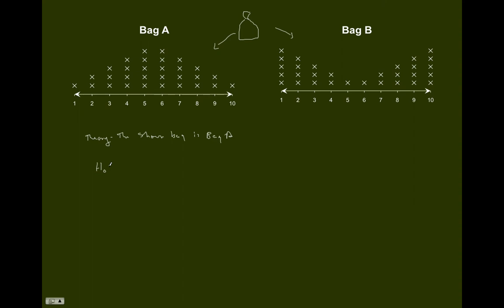Oh wait, I'm sorry, I got the theory wrong. The null would be that the shown bag is bag A, and then the alternate would be that the shown bag is bag B.